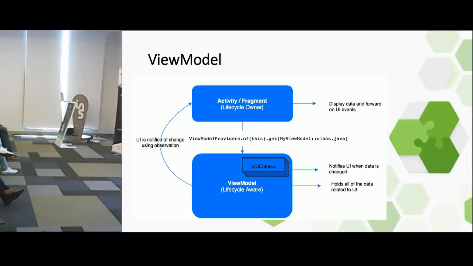It keeps all the data that UI needs in generics called LiveData, and when any change happens to the data, it notifies all the observers, which are the lifecycle owners, activities and fragments. On this picture, we see an activity or fragment, which is a lifecycle owner, and it connects to the ViewModel. When anything changes in the data, it is immediately notified.